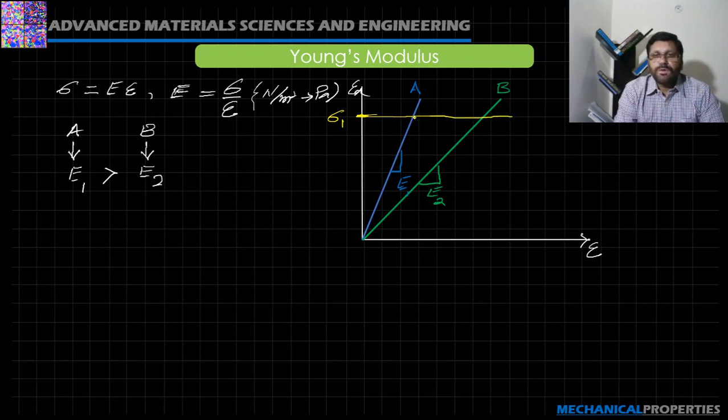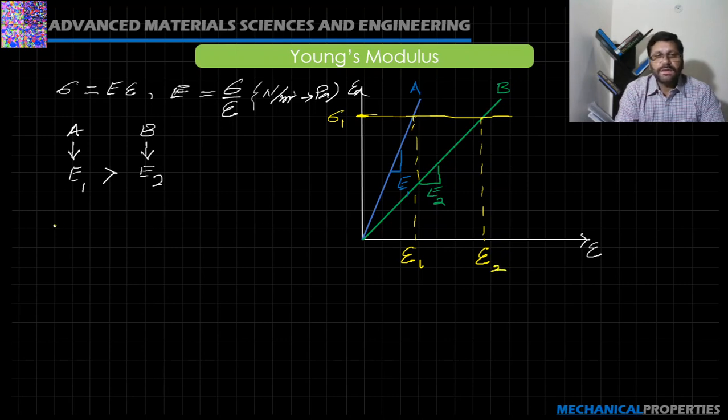Now if we draw from this intersection, here we have the value of the strain for the case of material A, let's say this is epsilon 1, and from this intersection we have the value of the strain, epsilon 2.